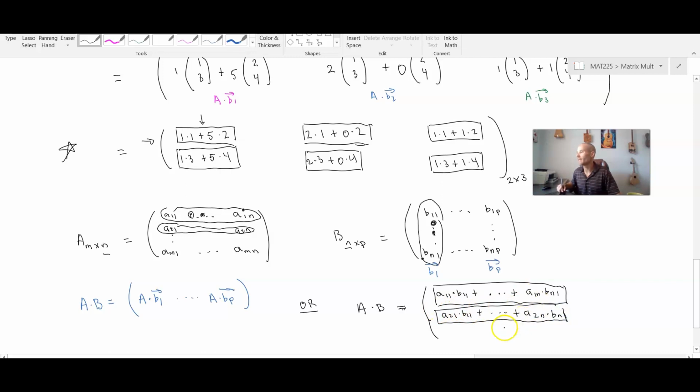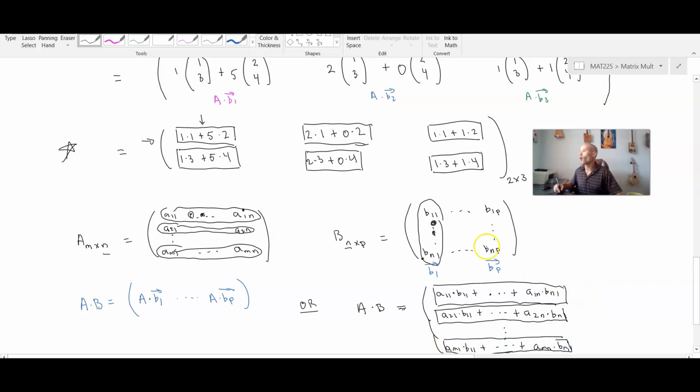And we would repeat that process with each of these rows until we got to the bottom one, which would be Am1 times B11 plus etc. all the way down to Amn times Bn1. And that's just a single value once again, right there.